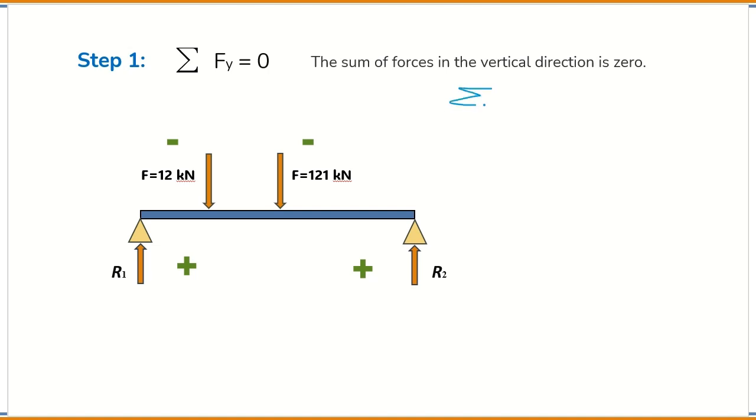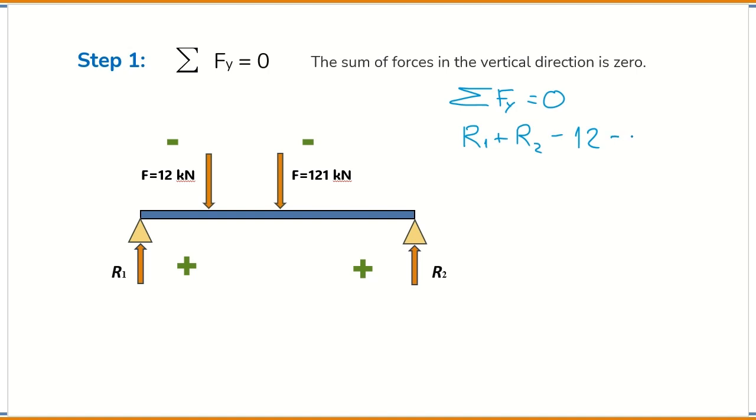The sum of the vertical forces is 0. The positive ones are the reaction forces R1 and R2, and the forces of 12 kilonewtons and 121 kilonewtons are negative because they go down.